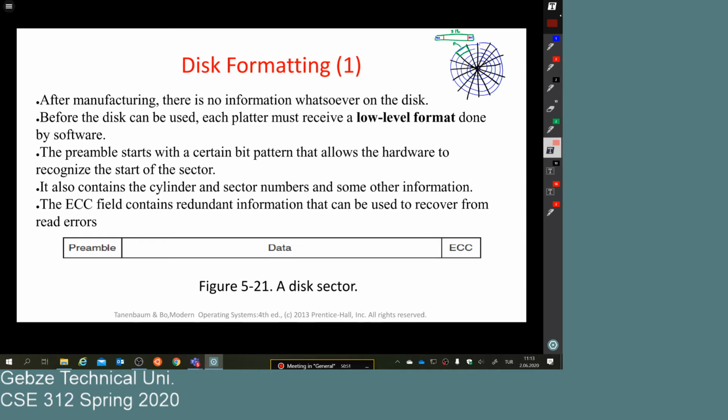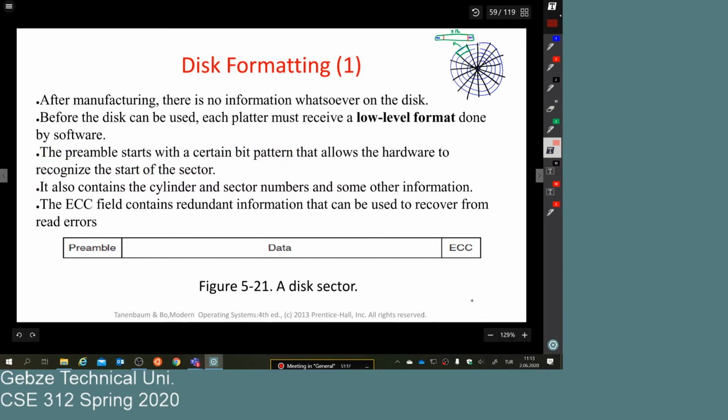Because on your disk there is nothing special that tells the starting and ending positions of the sectors. Okay, so how would I know at what sector I am? I would search for this preamble special bit pattern.